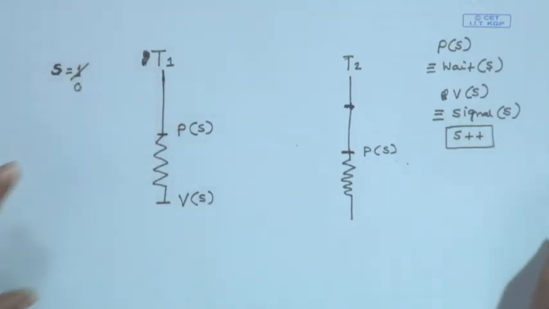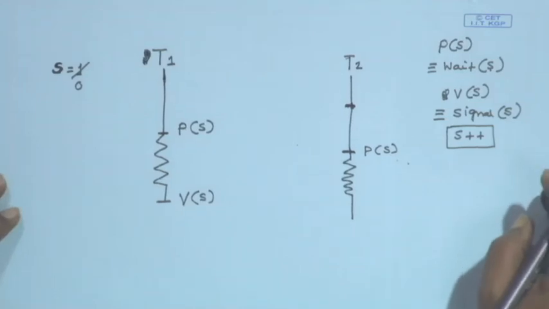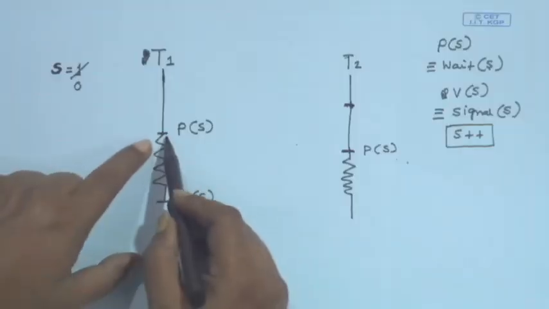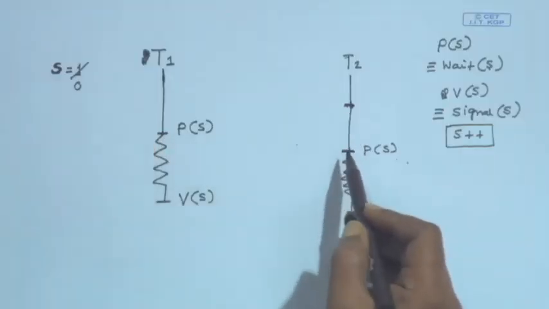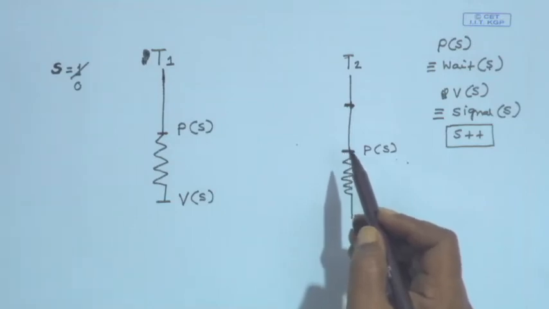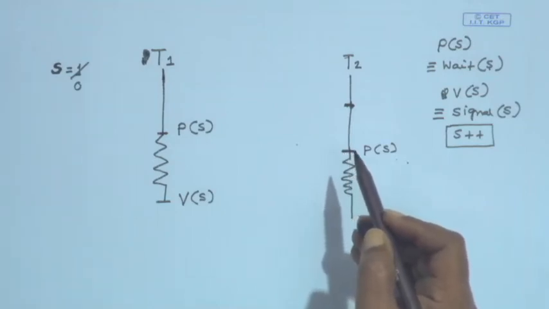I have skipped some of the details of wait S, because of this busy waiting, where one process, T2 for example, was continuously checking the value of S. That overhead can be avoided by putting them in a queue, and those implementation details I am not discussing.